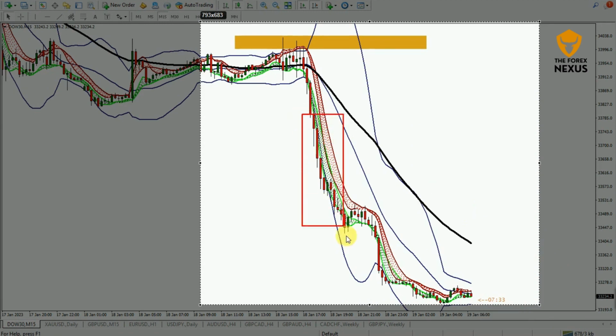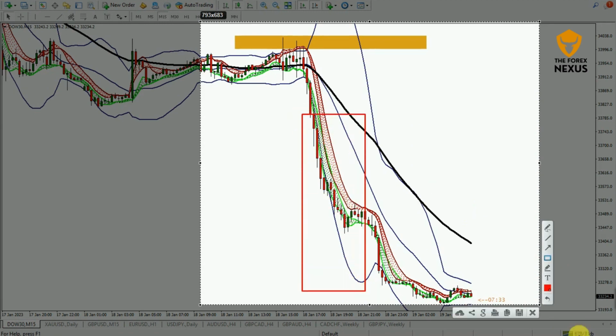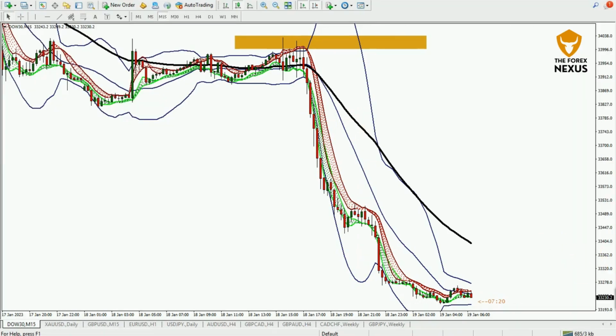The Bollinger band expanded till here. The Bollinger band is expanding. It means that the market has potential to drop more. That's the main function of the Bollinger band in BBMA.